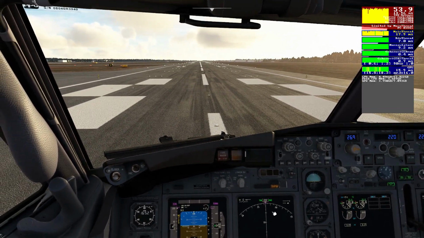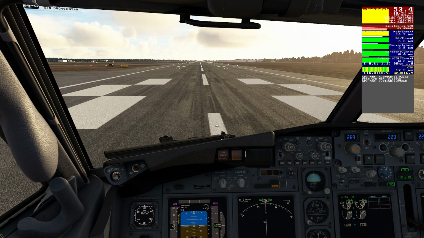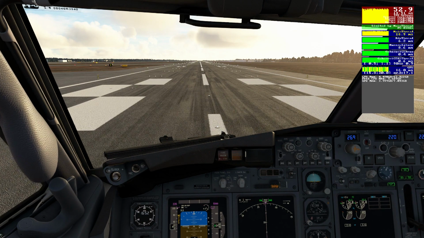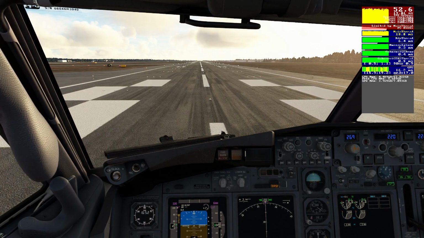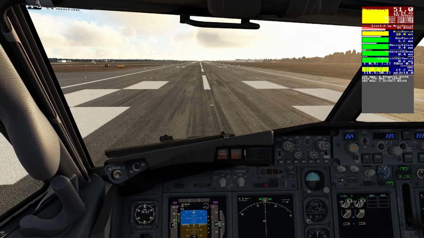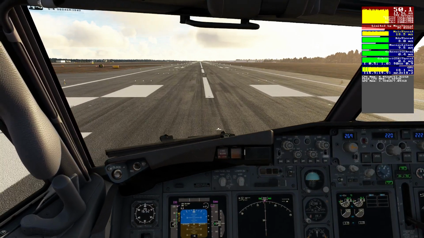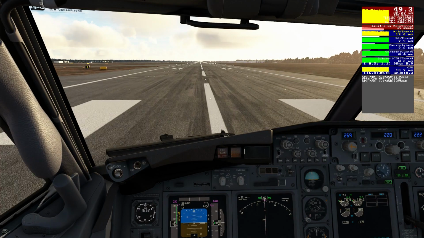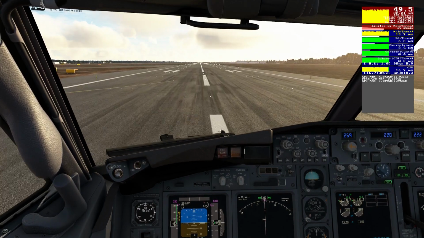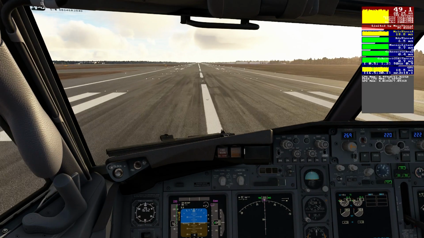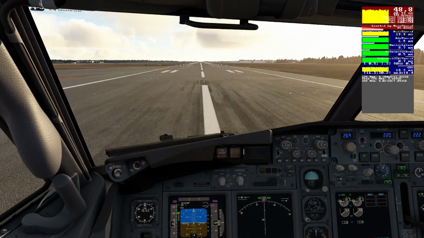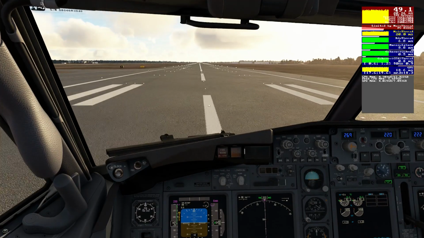Right, here we go. Just a basic takeoff. There we go, and we're away. Right, so we're getting about 48, 49 frames per second, which is not really great.